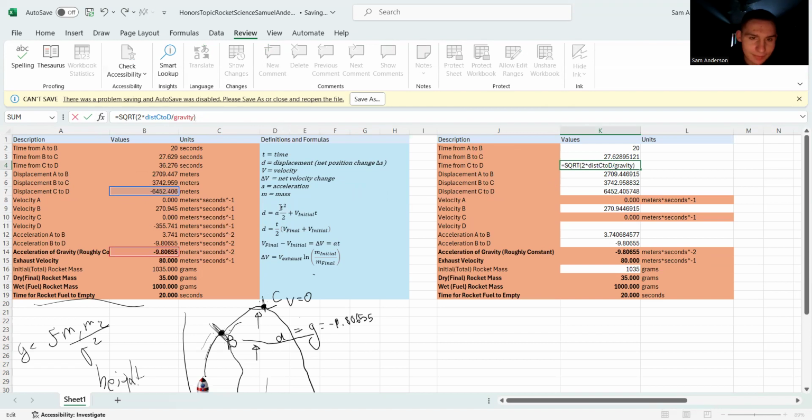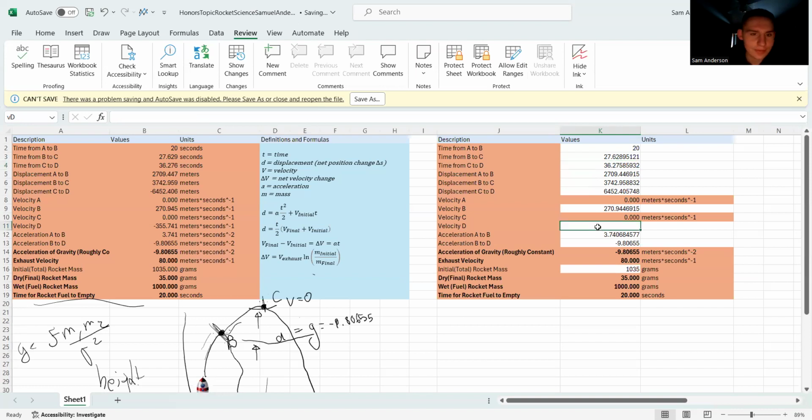We're looking for time, so we're looking for t. We know what distance is, we know what acceleration is, and we know what the initial velocity is. So we use this formula because there's only one unknown. And by doing some algebra, we isolate t squared on that side and obtain this. 36.27 seconds.